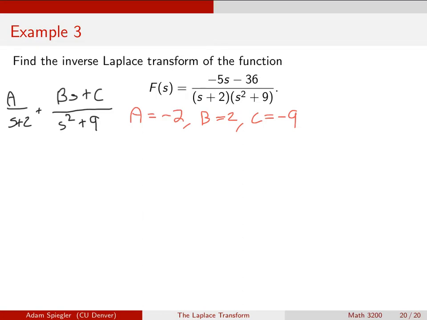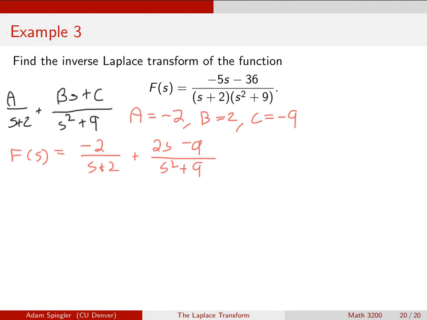So what that tells us is that this function that we started with, F of s, we can break up and write as minus 2 over s plus 2, plus (2s minus 9) all over (s squared plus 9).